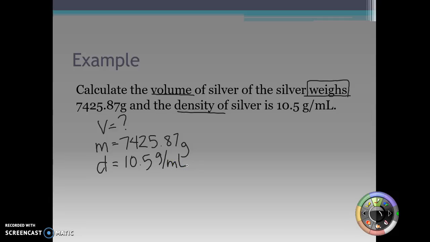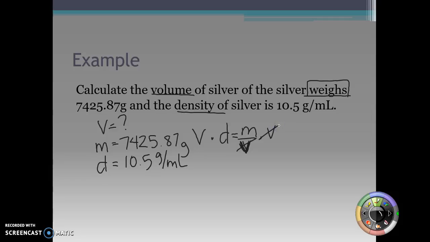So starting with your original equation, D equals M over V, right? It's going to be easier to rearrange the letters than it will be the numbers. So go ahead and start with your original equation and let's rearrange there. Now, we need volume, but volume's down here in a denominator. You can't solve for things in a denominator, so we need to get it out of the denominator. Remember, in order to move things, you have to do the opposite operation. So we're going to multiply both sides by volume.